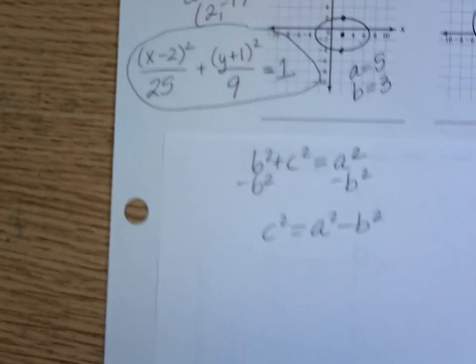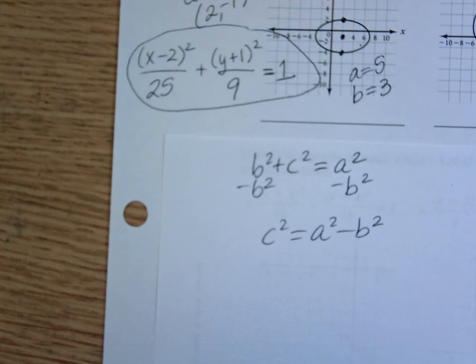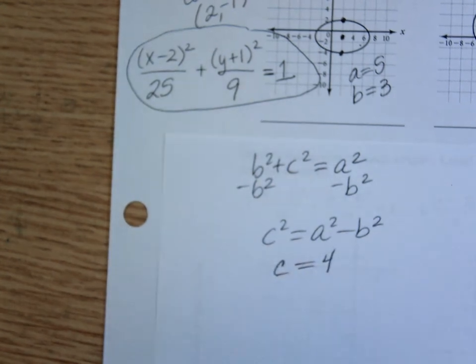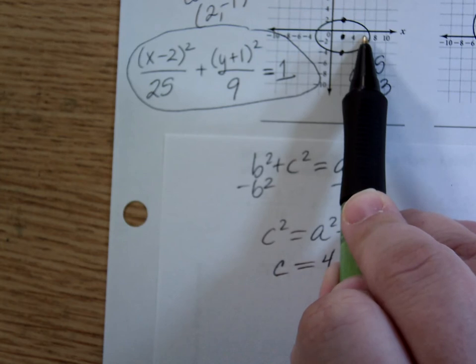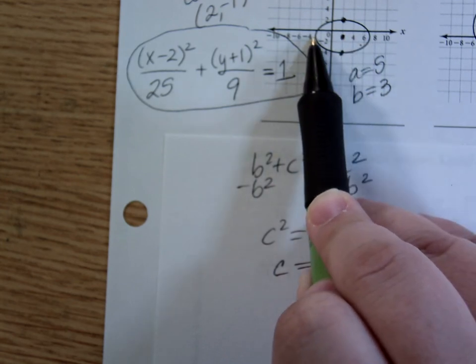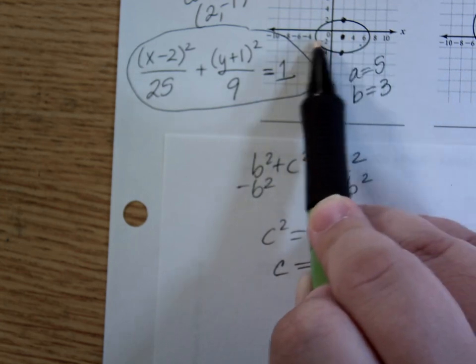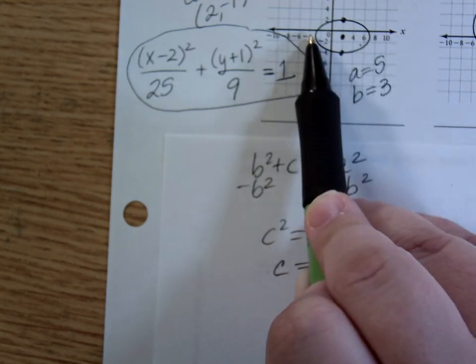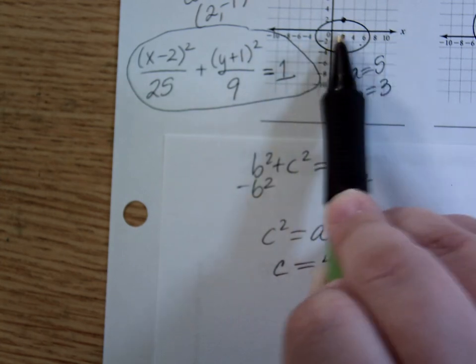So 25, which is a squared, minus 9, which is b squared, that's 16. C squared is 16, so C is 4. So that means I go 4 to the right to get to one focus and 4 to the left to get to the other focus. I know I would go left and right to get to the foci because the major axis is left-right. And the foci, the two focuses, so to speak, are on the major axis with the vertices.